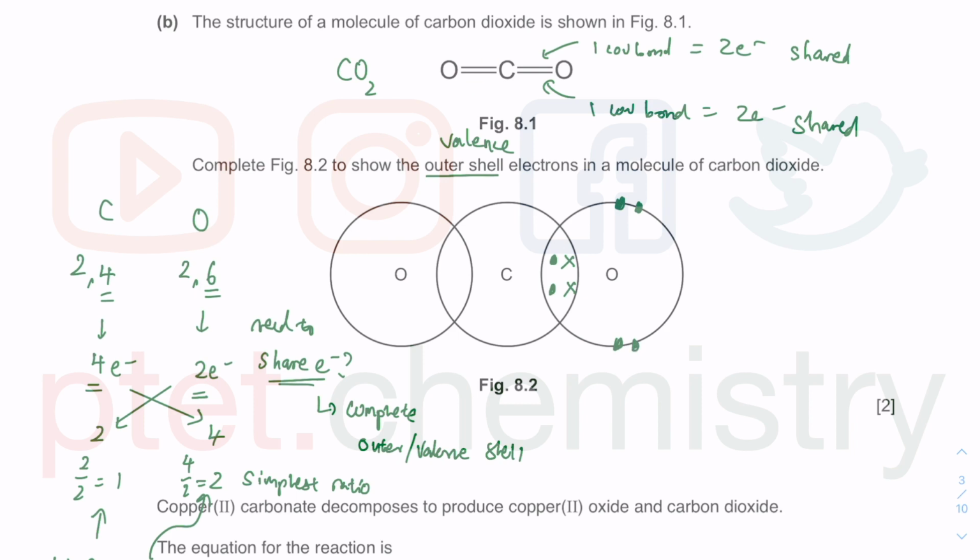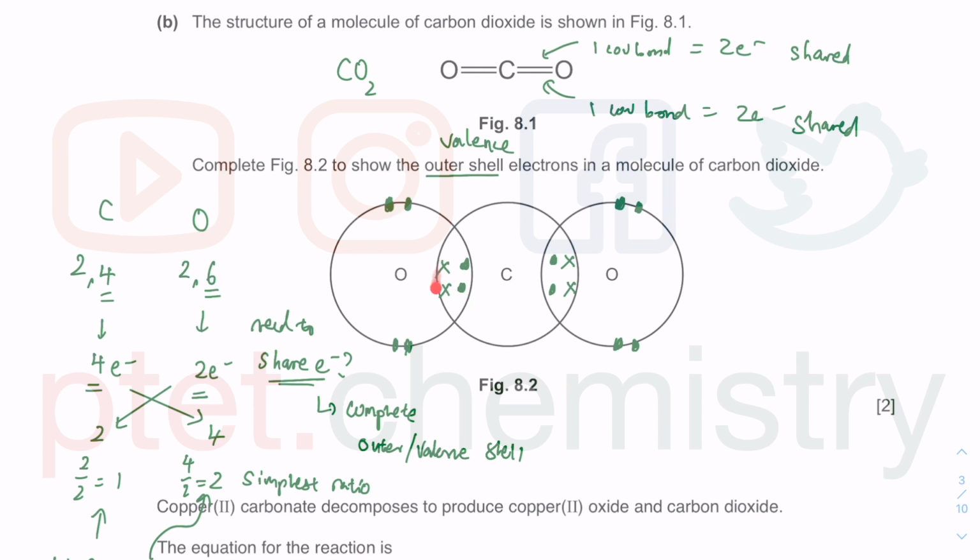On the other side, you have the same double covalent bond. I have the 2 crosses from carbon sharing 2 electrons, and the oxygen will share 2 electrons. Now the oxygen also has 4 more electrons which are not used for bonding. The oxygen started with 6 dots because 6 valence electrons.